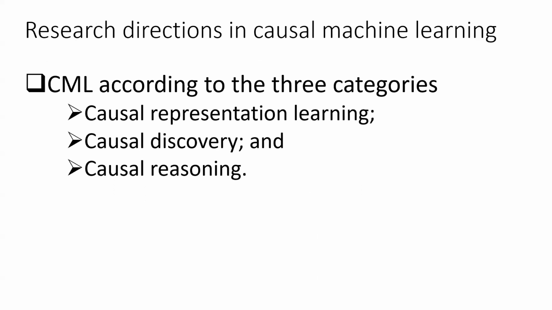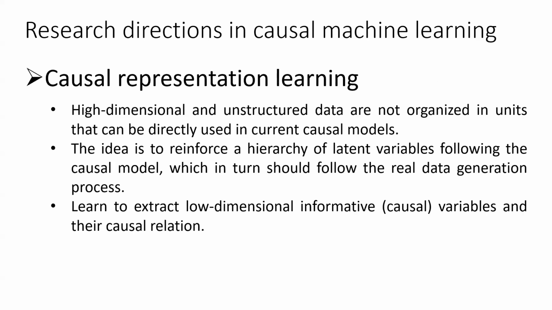Causal machine learning, which we call CML, offers several directions for addressing those challenges when using observational data. Here we categorize CML into three directions: causal representation learning, causal discovery, and causal reasoning. Causal representation learning refers to a compositional view of machine learning. Instead of a mapping between input and output domains, we consider an intermediate representation that captures concepts about the world.